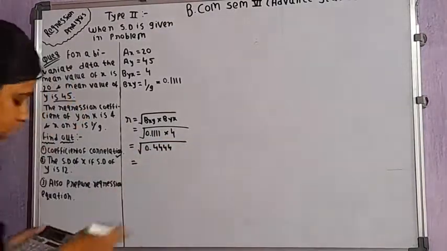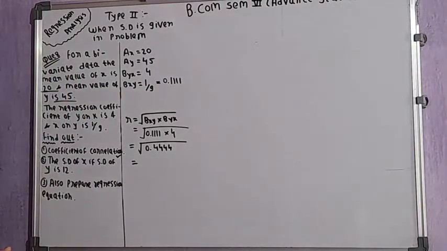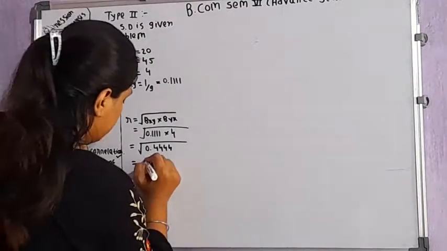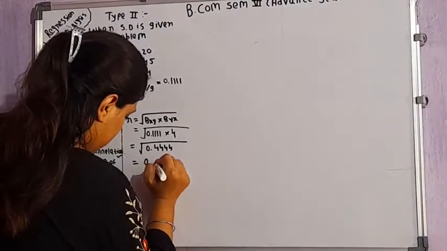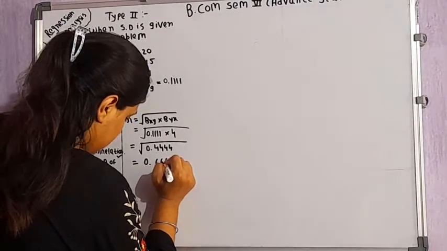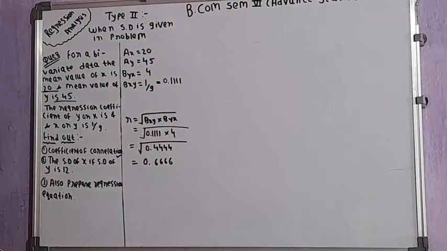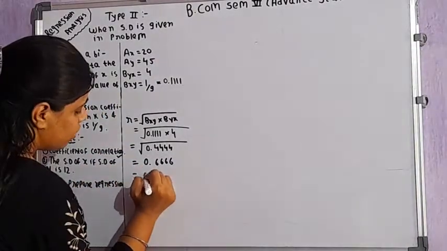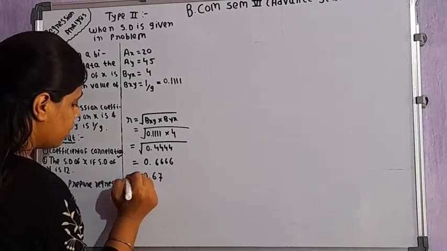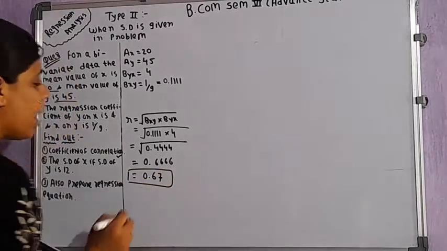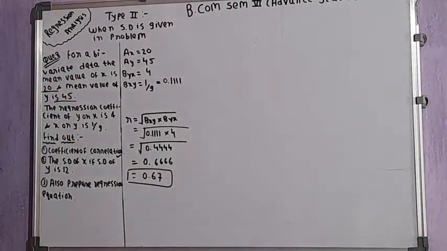Then under root of this it comes to 0.6666. We are going to consider up to 2 digits, so it will become 0.67. So this way we have calculated the coefficient of correlation with the help of the regression coefficients which have been given in the problem.